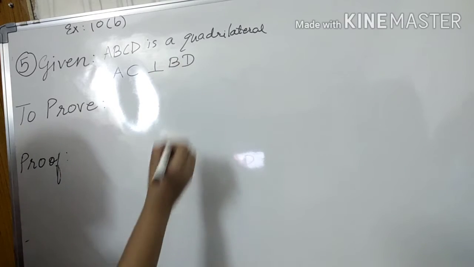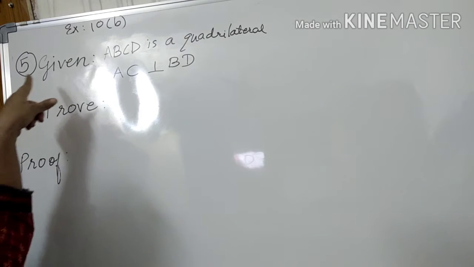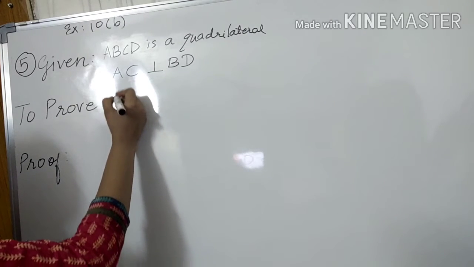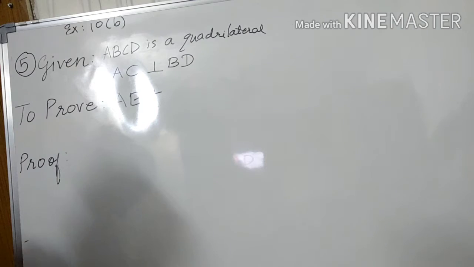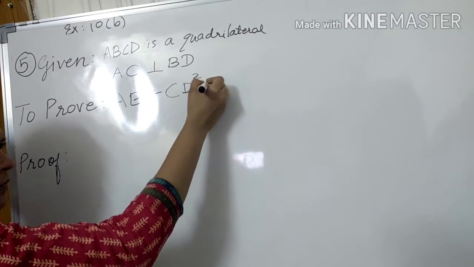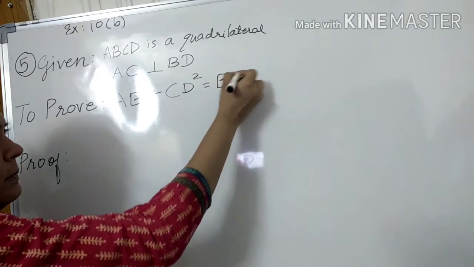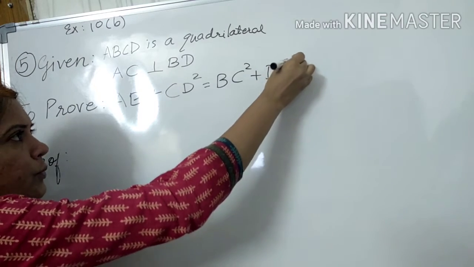They intersect at right angle means AC perpendicular to BD. This is your given part. Now we see our to prove part. To prove part is AB square plus CD square is equal to BC square plus DA square. This we want to prove.